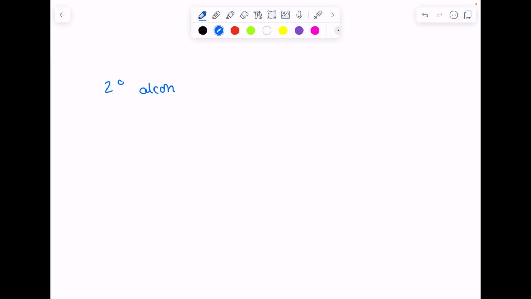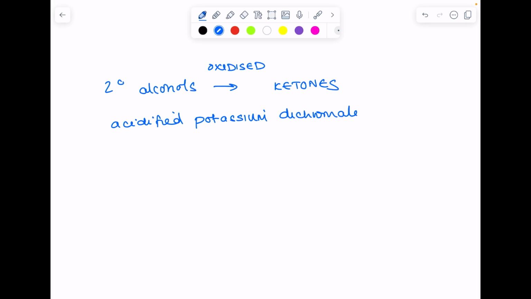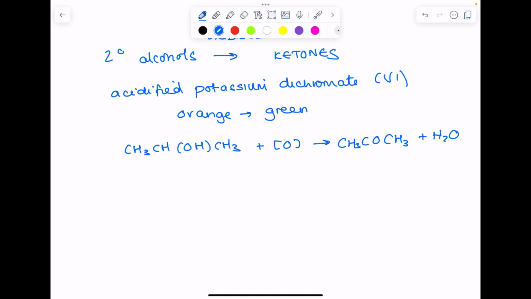Secondary alcohols will be oxidized to form ketones. You're going to be using acidified potassium dichromate(VI). The colour change will be from orange to green. So just to show you an example, here's propan-2-ol.